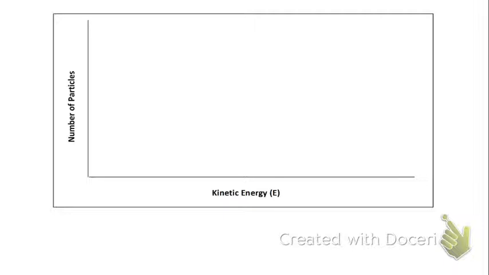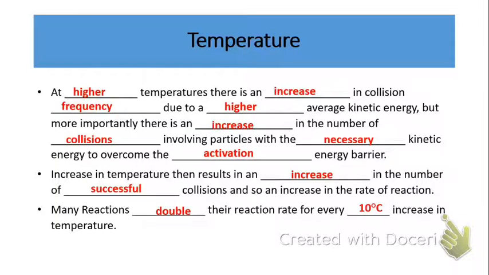All right, let's go back to our other two bullet points here. The second one states that an increase in temperature then results in an increase in the number of successful collisions, and so an increase in the rate of the reaction, which we just said.